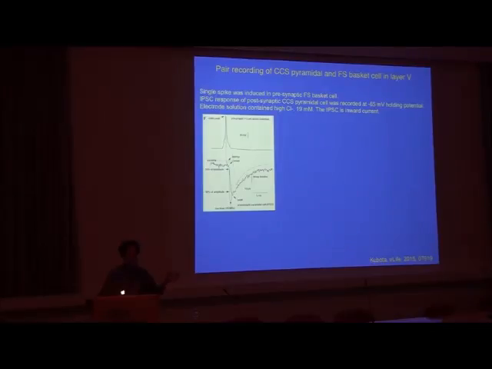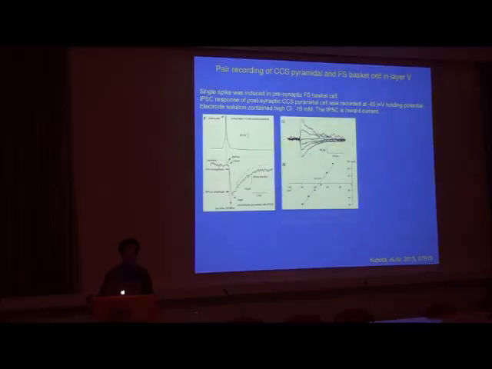Usually the internal solution of the electrodes contains 4 millimolar chloride or maybe 10 millimolar chloride. Not so large, but we use this high millimolar chloride because we can get larger IPSC. And so that's the advantage, we thought.